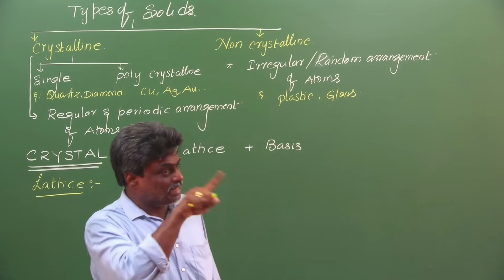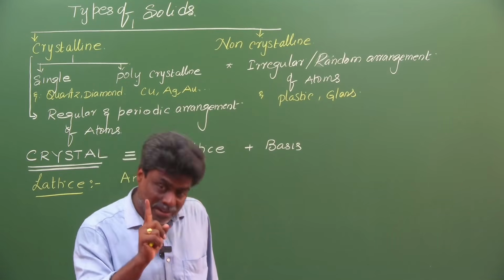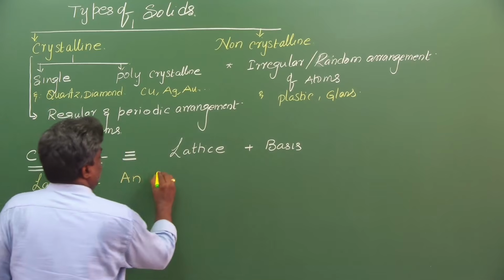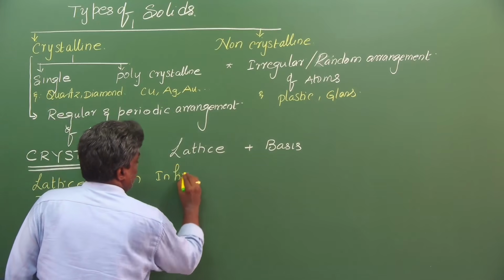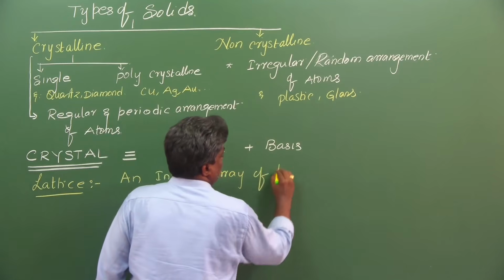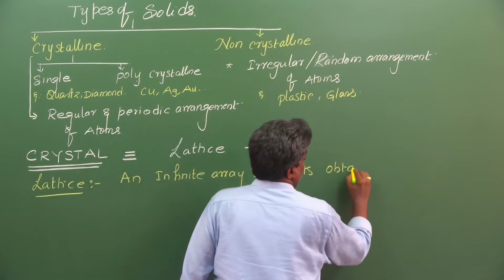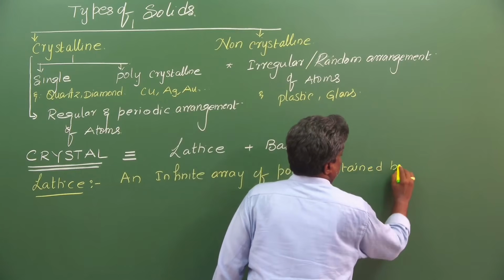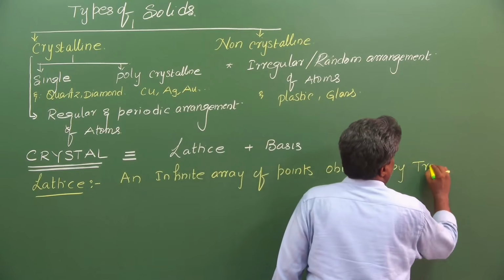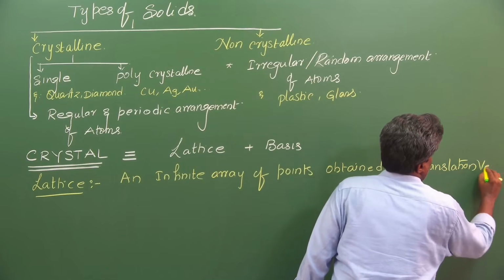So somebody is creating them. Who is creating? The translation vector. An infinite array of points obtained by the translation vector.